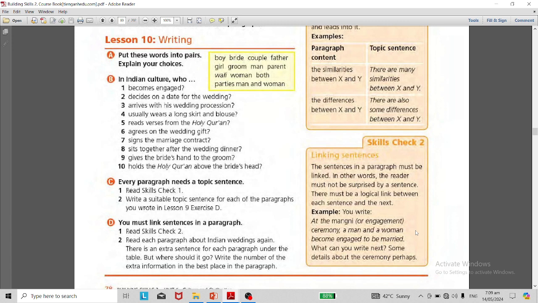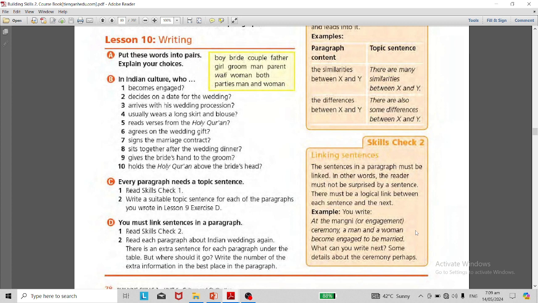Do not write something about another event. Just focus on what? Engagement. Then you write about during the wedding and add more examples. This is what is meant by linking sentences together logically. So logically, they flow in sequence or in a logical order.